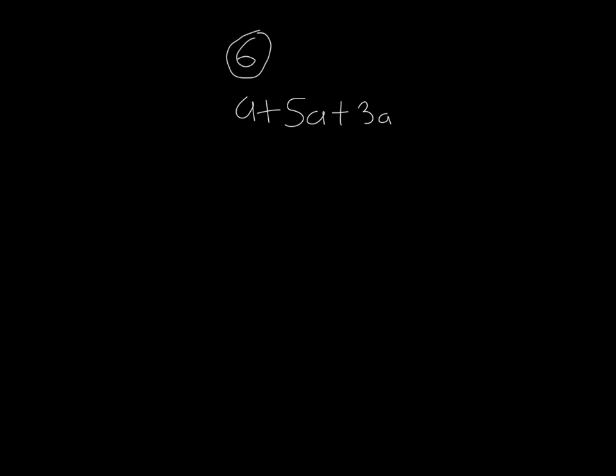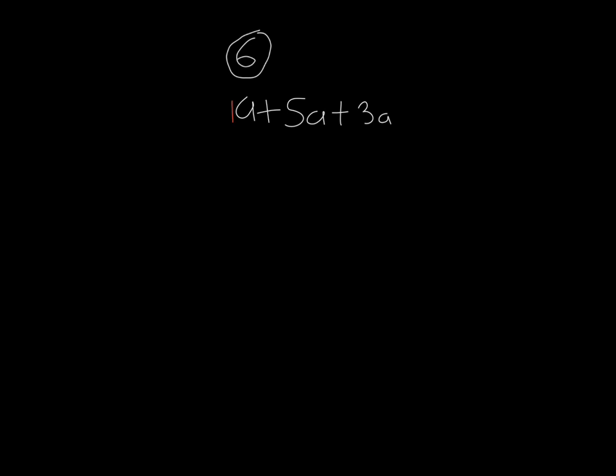So to start off, remember that there is actually a little invisible 1 in front of the a. It's the same as saying one apple or an apple. Instead of saying I have one apple, I say I have an apple, which is why we don't write the 1 in front of the variable when we only have 1.